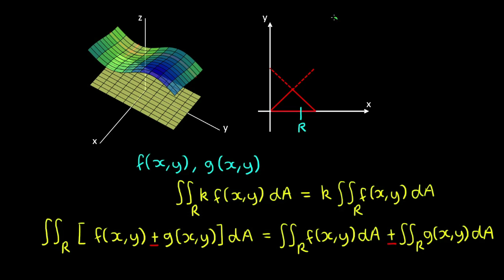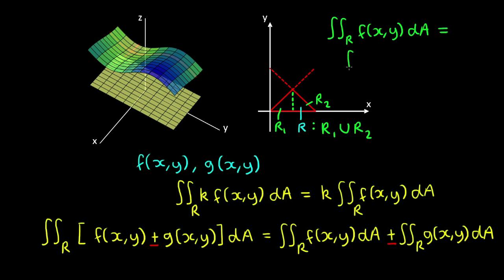Now the additivity property states that if we have the double integral of a function f over a region R, and if the region R is the union of two regions that are not overlapping, so for example, if we break this region up into regions 1 and 2, then we can evaluate the integrals over each of these regions separately and add the results together.